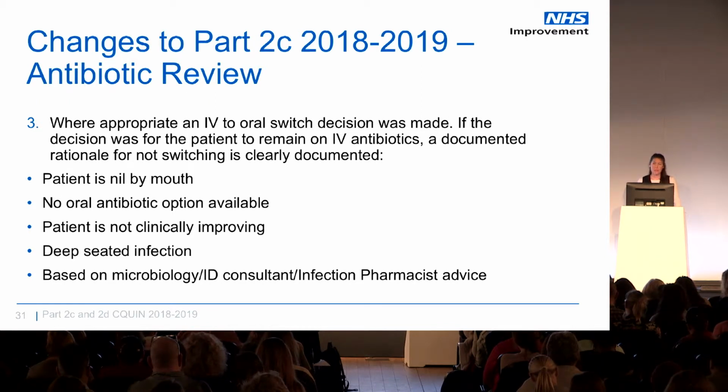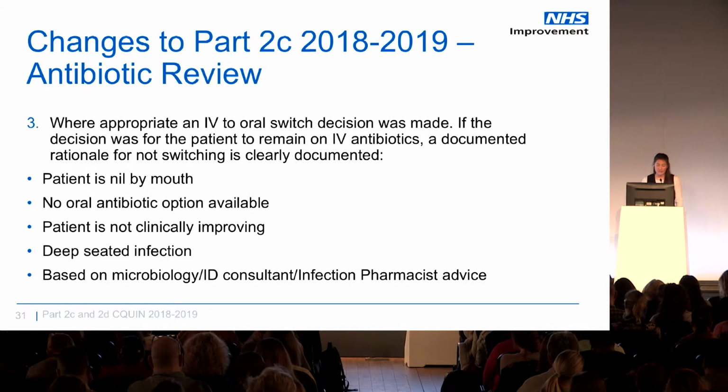So perhaps the patient's nil by mouth or not absorbing via the GI tract, or if there's no oral option available, the patient might not be clinically improving, or they might have a deep-seated infection where it's not appropriate to switch from IV to oral, or it might be based on expert advice.